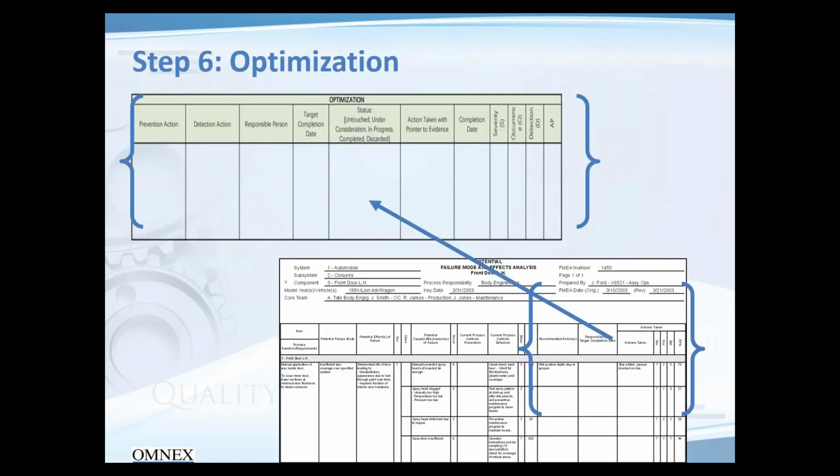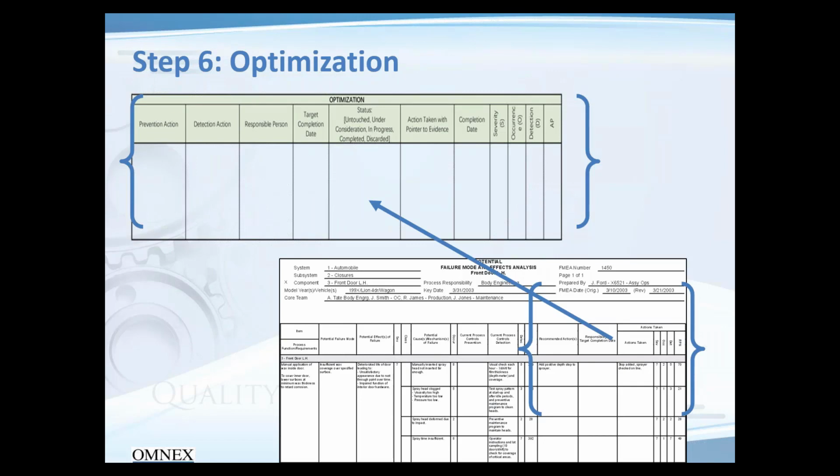So another thing that's changed is that instead of having the recommended action and then who's doing it and then action taken and then a recalculation of the RPN value, you now have an optimization form.